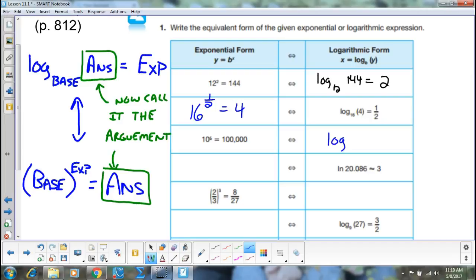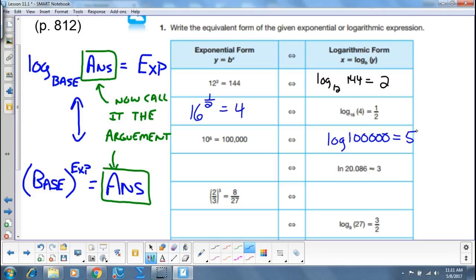You don't have to say the 10. When it's 10, you don't have to say it. Okay, so just log of 100,000 equals 5.